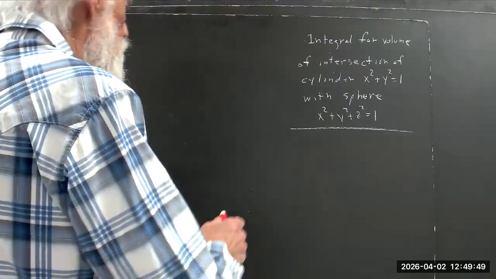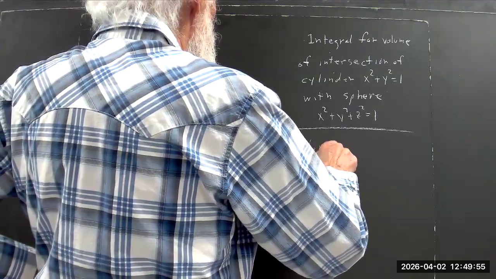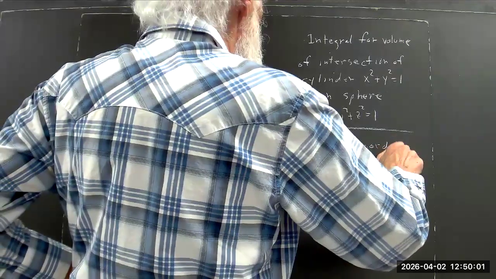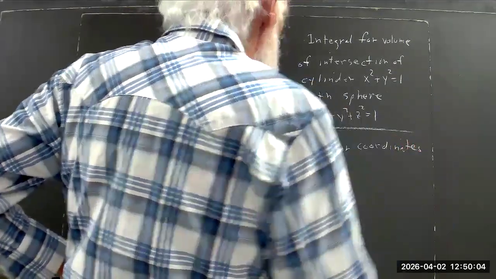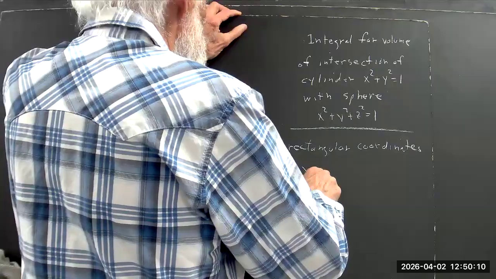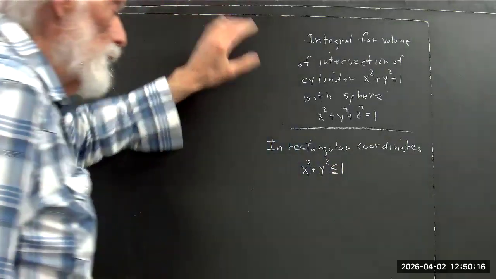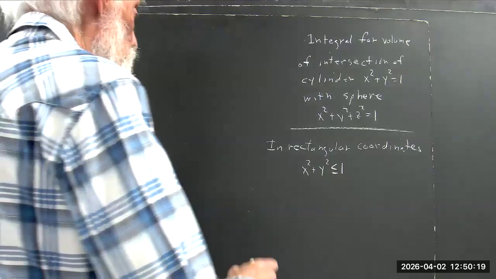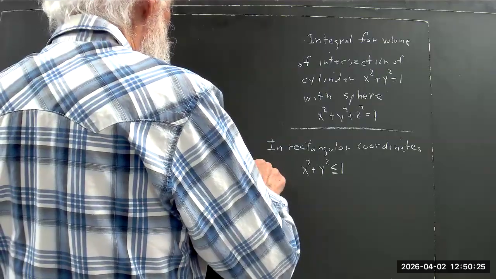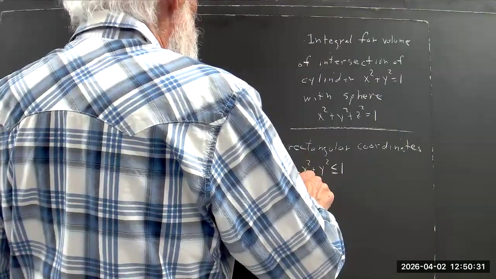Okay, so in rectangular coordinates, x squared plus y squared is less or equal to 1, because the region is inside the cylinder.